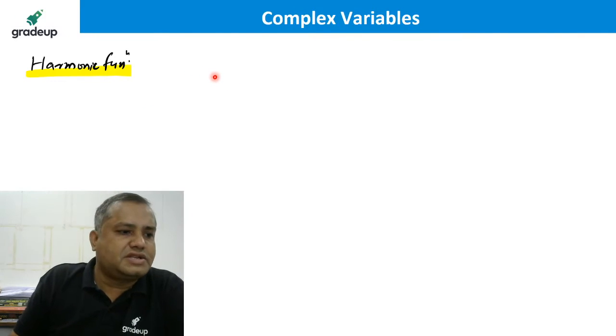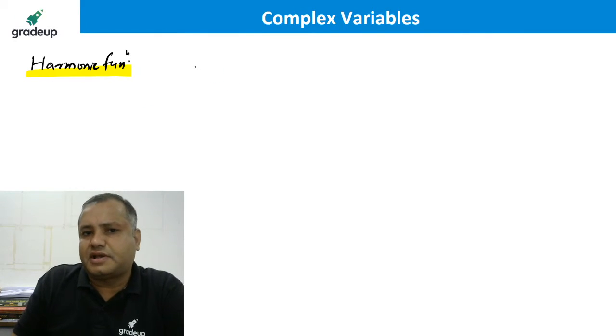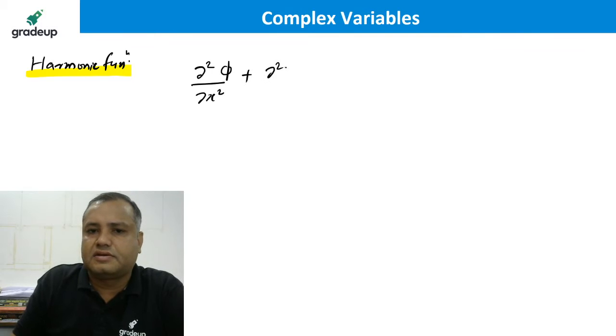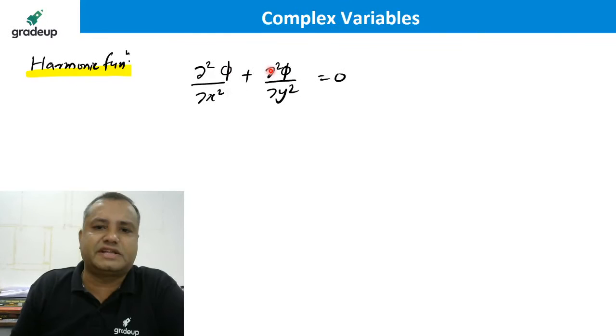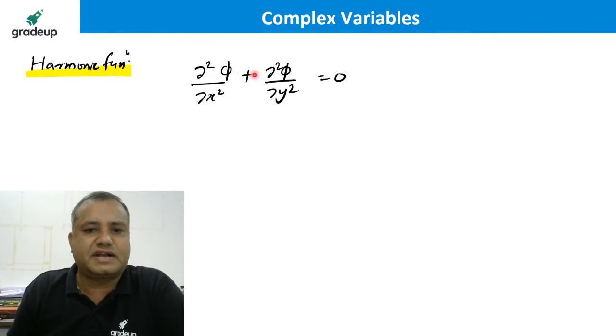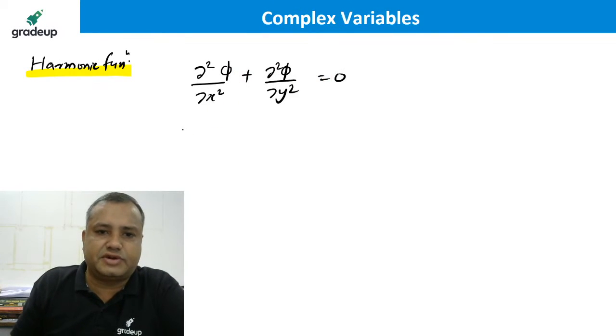So what is the Laplace equation in two dimensions? It is del square phi upon del x square plus del square phi upon del y square equals 0. Here this is the Laplace equation, and the function phi satisfies the Laplace equation, so phi is said to be harmonic.